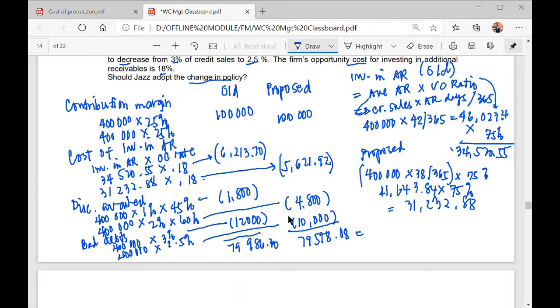So ang difference niya is ni gamay by 408.22. Okay? So therefore, ang sa may answer sa question, should Jazz adopt the change in policy? The answer is no. Why? Because there would be a decrease in net profits by 408.22. Okay? So, ang kato kong gingon nga shortcut is kwaon ra nimo ang difference nilang duha.